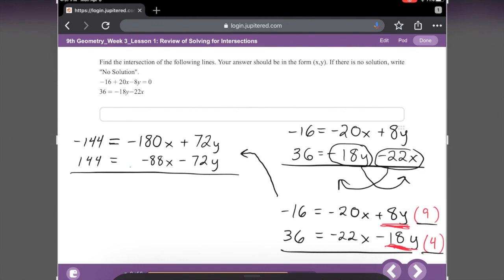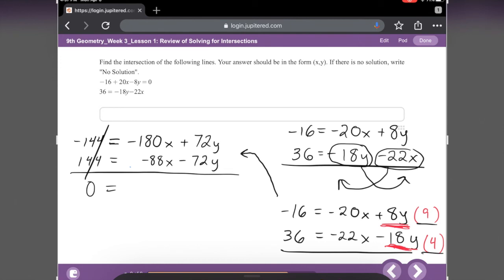Okay, of course you can use a calculator on this if you need to. So here's what I got. Now it just so happens that on the left side they ended up canceling out. I got negative 144 and I got 144. That was 9 times negative 16 and 4 times 36. So anyway, that's just a coincidence, but these ended up canceling to 0.